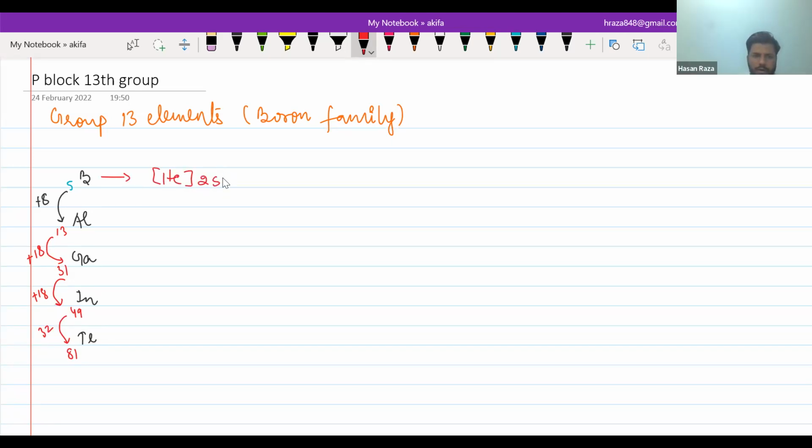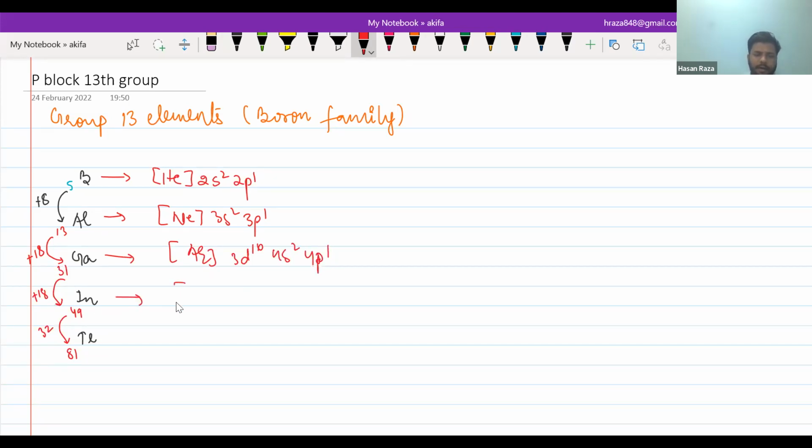Now I'm going to write the electronic configuration. So it will be 2s2 2p1. Here it will be neon, and then 3s2 3p1. Here it will be gallium, that means argon, 3d10 4s2 4p1.